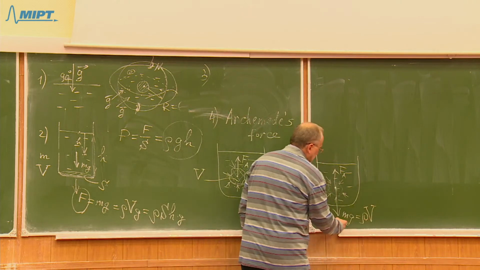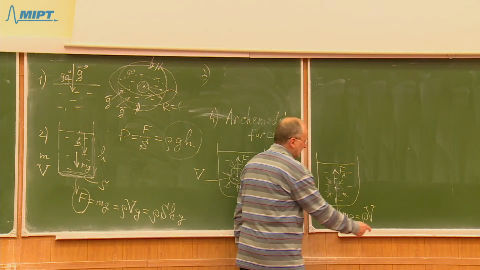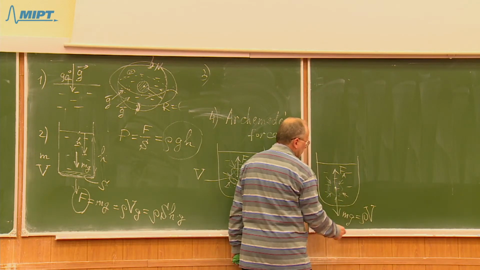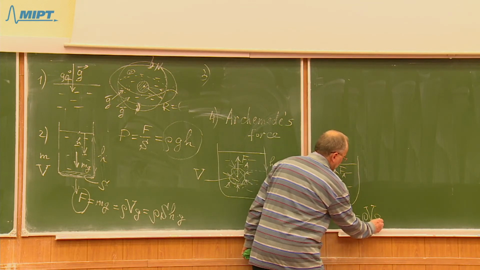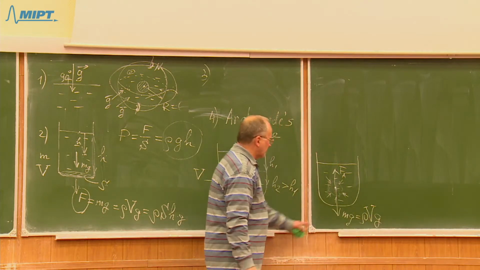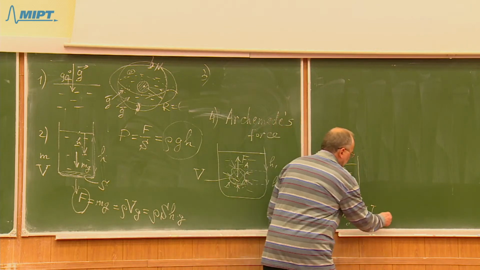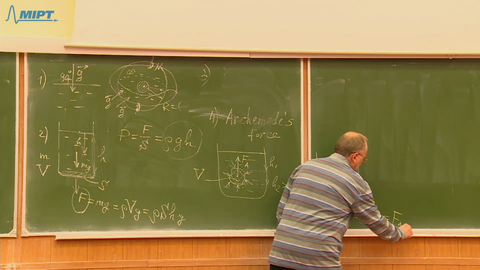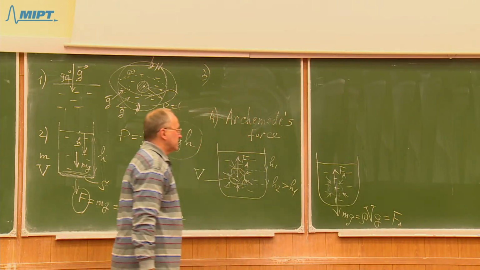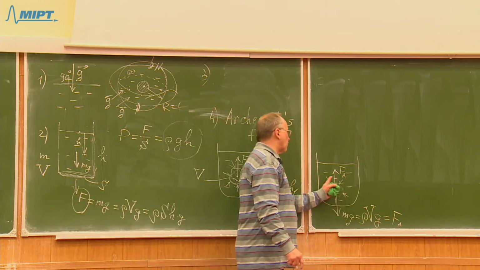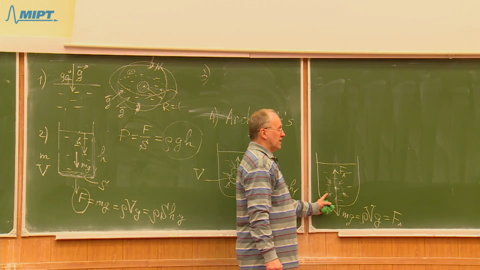So mass is the liquid density times the object volume, times the acceleration of free fall. And that will be the Archimedes force acting on the chosen volume inside the liquid.